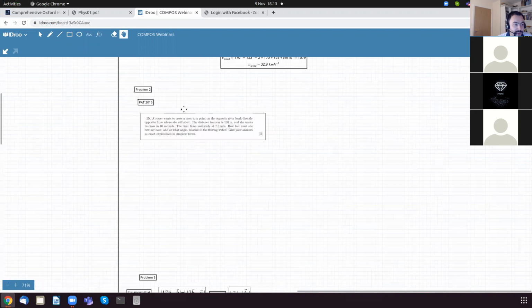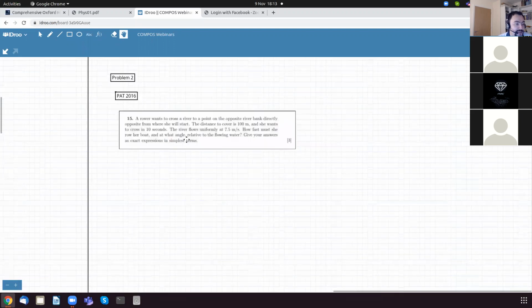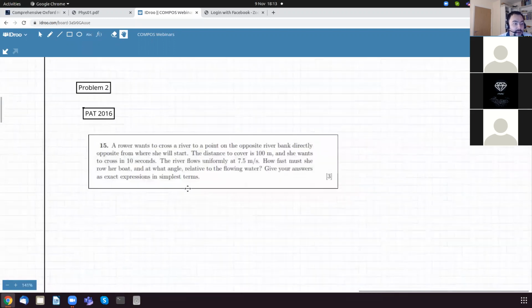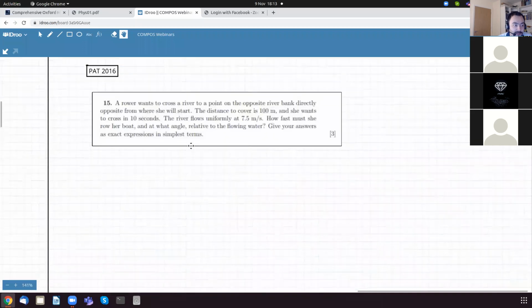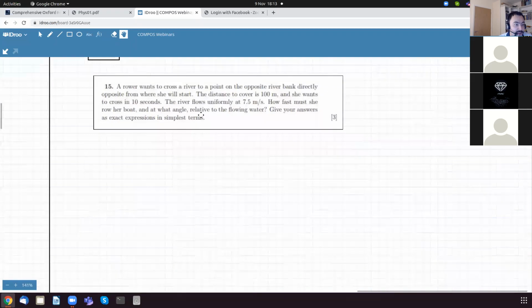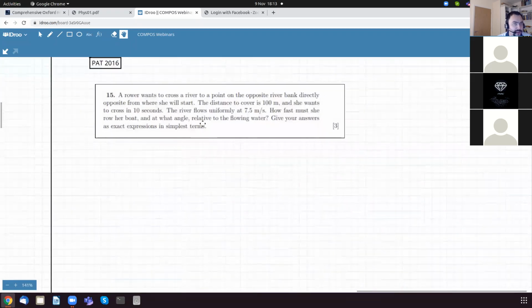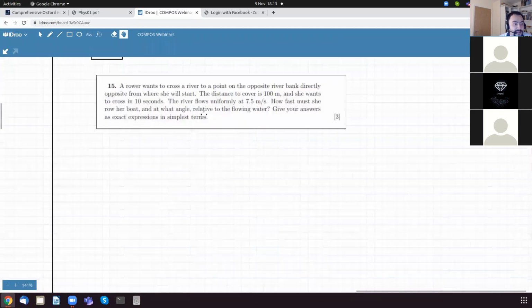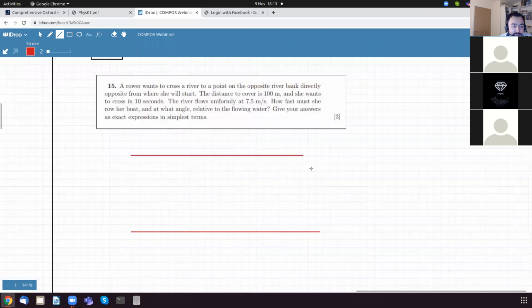Right, next question is also a physics admission test question. This is quite similar to one of the questions that we had. A rower wants to cross a river to a point on the opposite bank, directly opposite from the point where she will start.